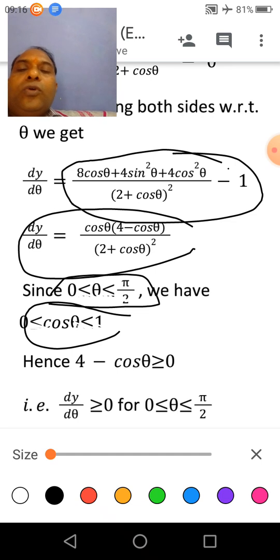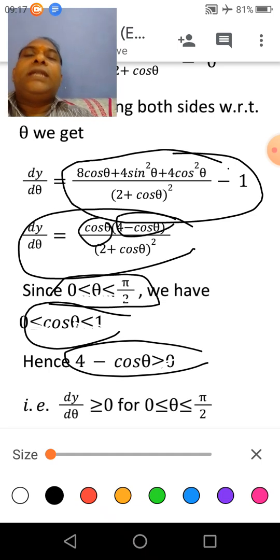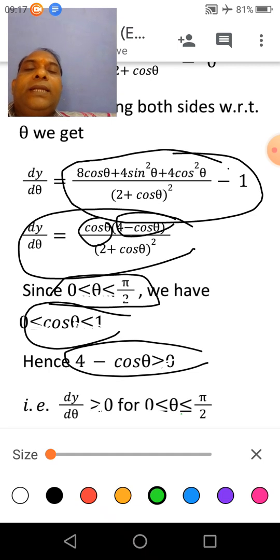So 4 cos theta will be greater than 0, means 4 cos theta will be positive, and cos theta will be positive, then dy by d theta will be positive, for theta lying between 0 to pi by 2. Clear?